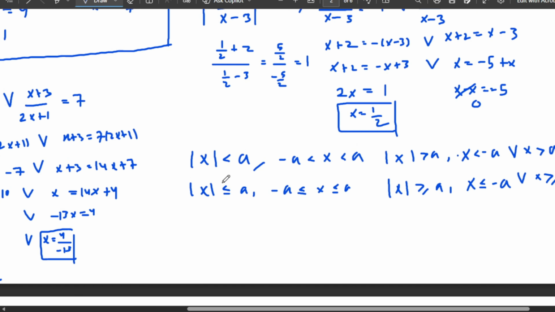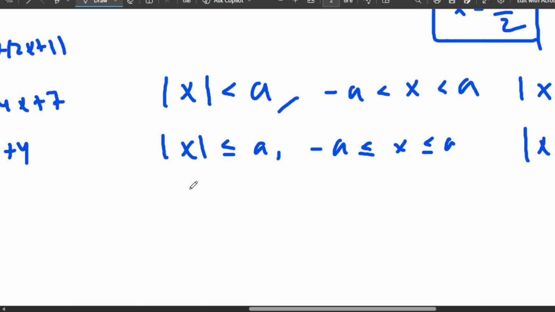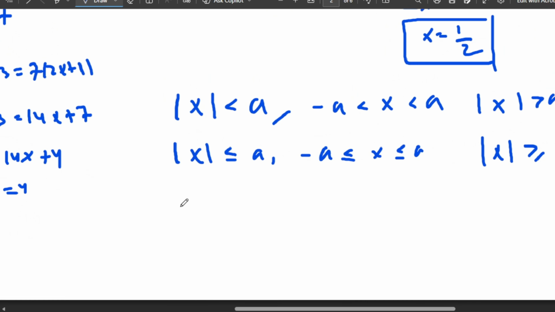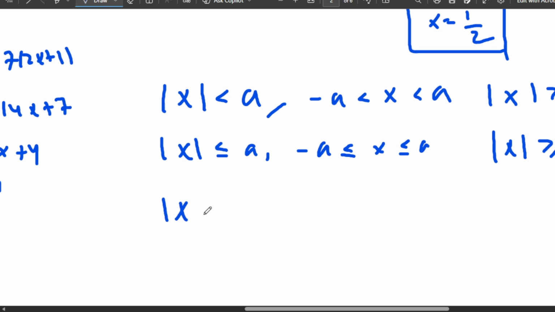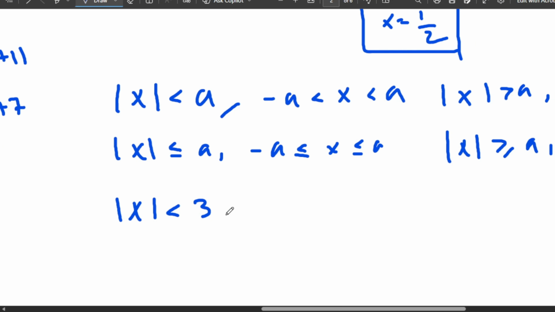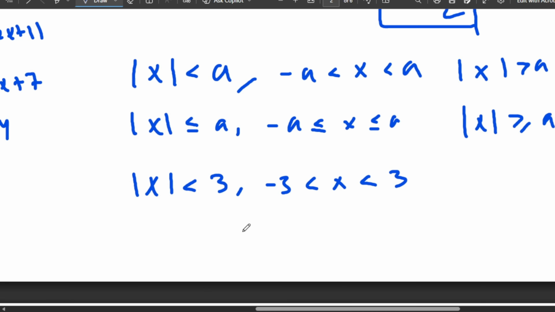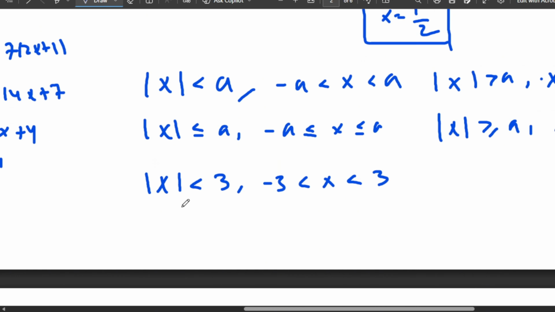Okay, for the first part, let's say we have absolute value of x is less than 3. Then our inequality would be negative 3 is less than x, and it's less than 3. Well, this makes sense. Why?